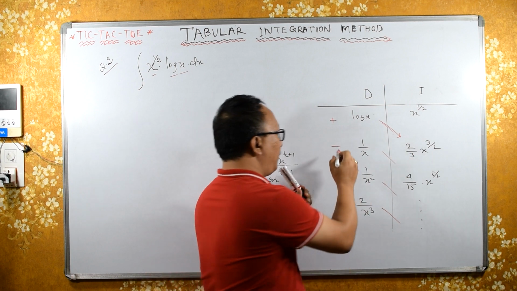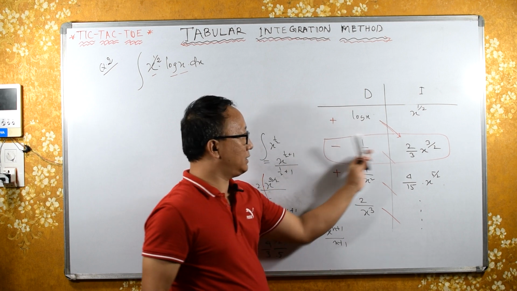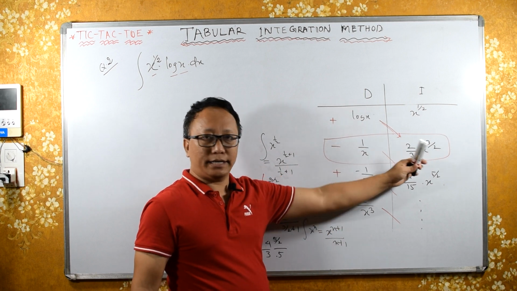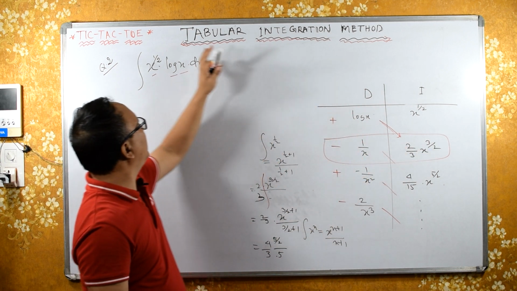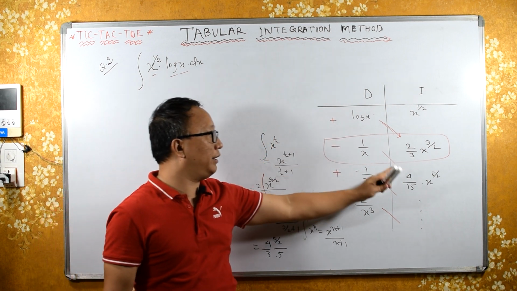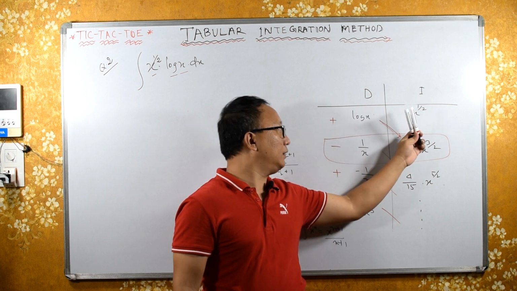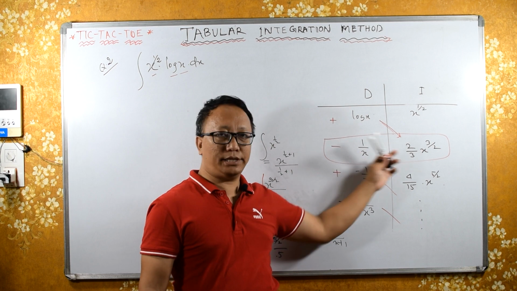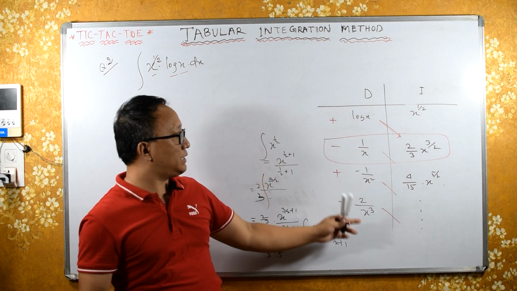If I multiply these two, we have algebra with equal bases, so we can add the indices and integrate easily. So in tabular integration, you can stop at any time when, after you multiply these two terms, the integration looks easy.